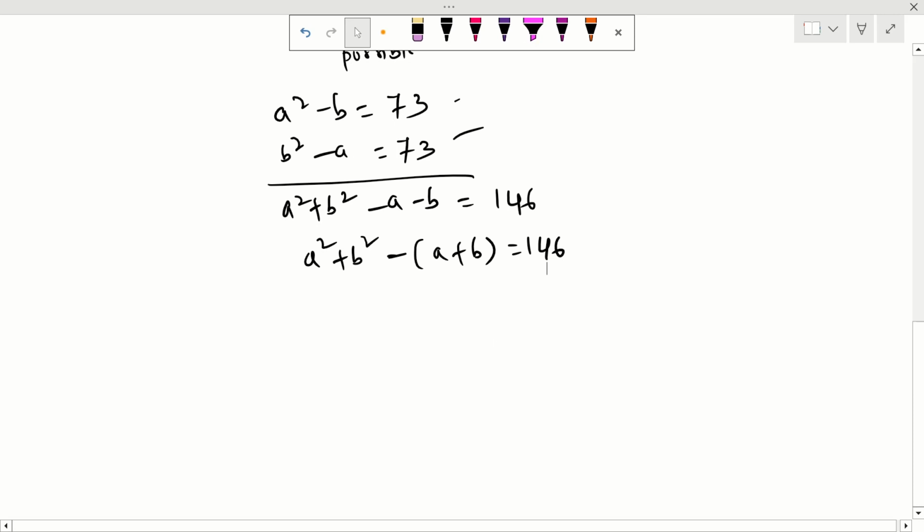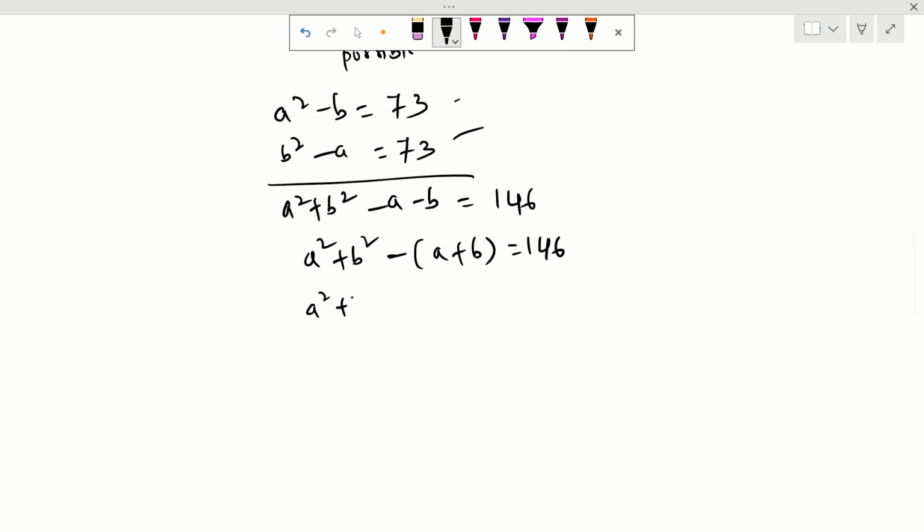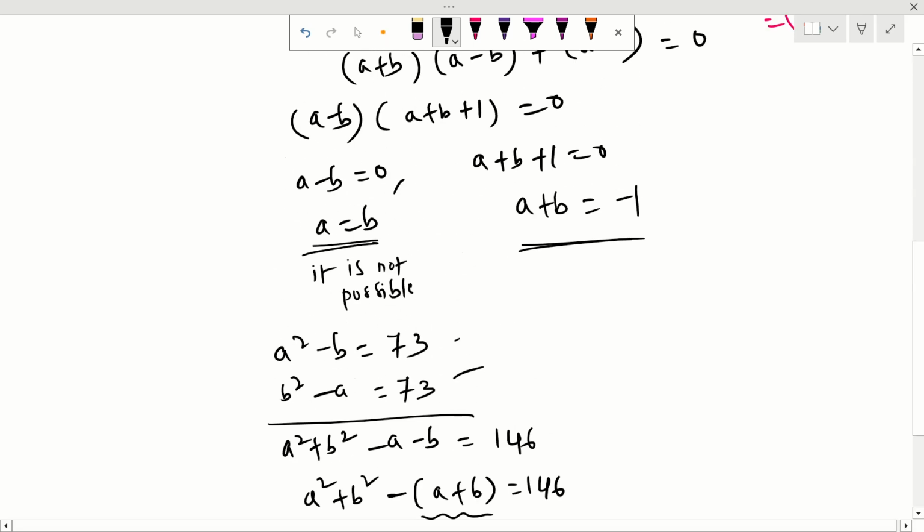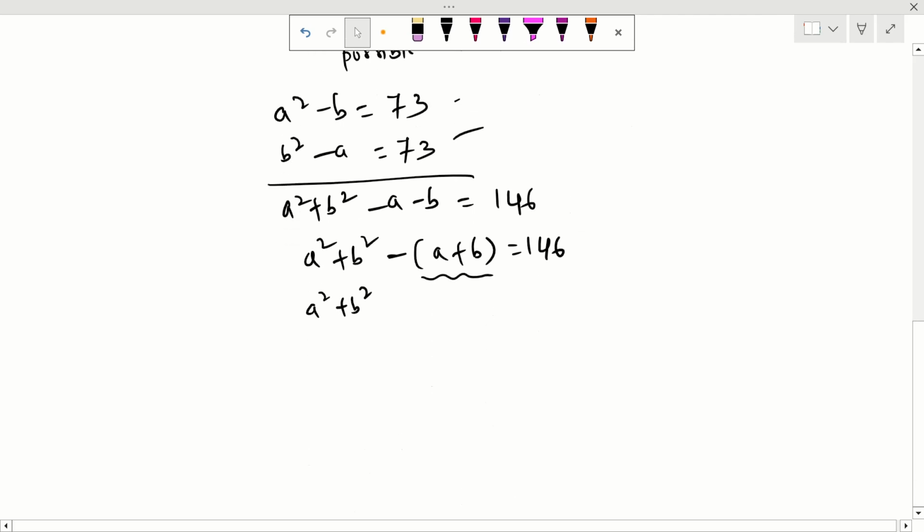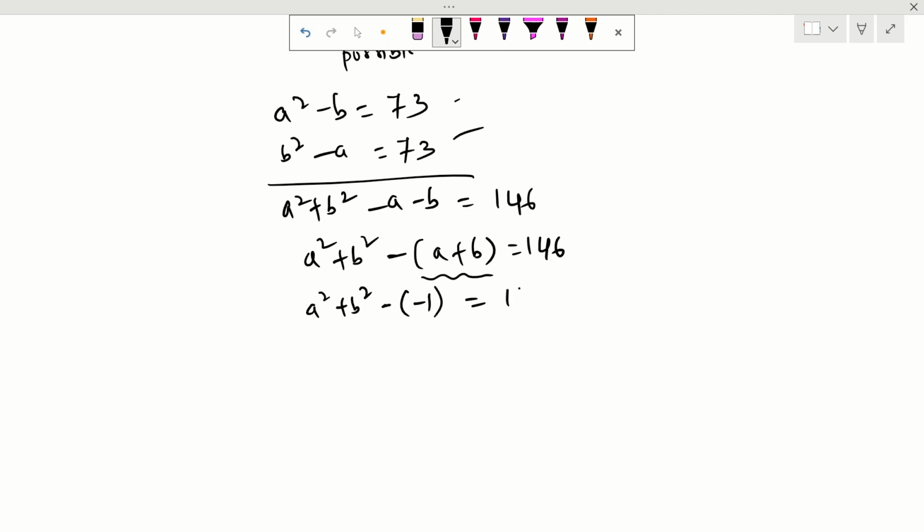Why am I taking minus common here? Because we know the value of A plus B from the previous expression: A plus B is minus 1. We can put the value here: A square plus B square minus of minus 1 is equal to 146.